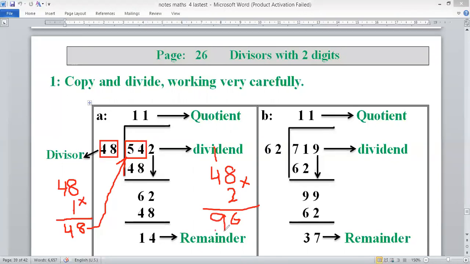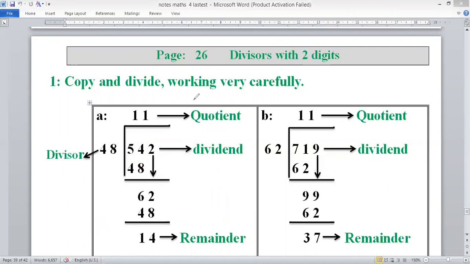So we get 96. Focus on this number, students. 96 is greater than 54. So we can't multiply 48 by 2. Therefore, we will multiply 48 by 1.